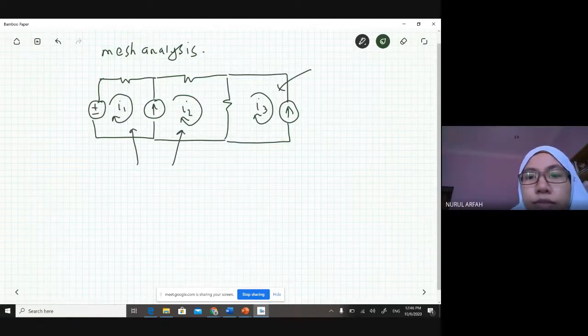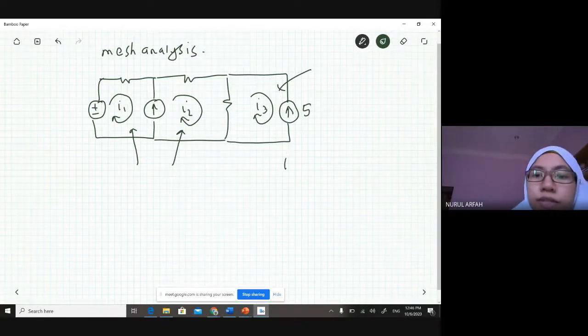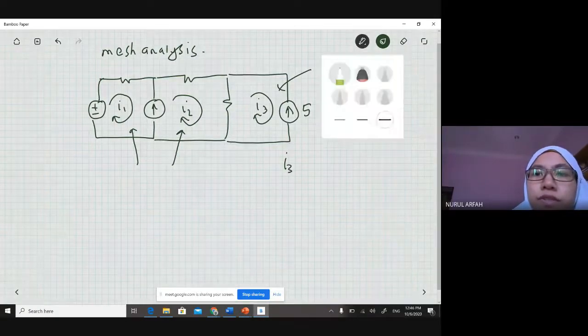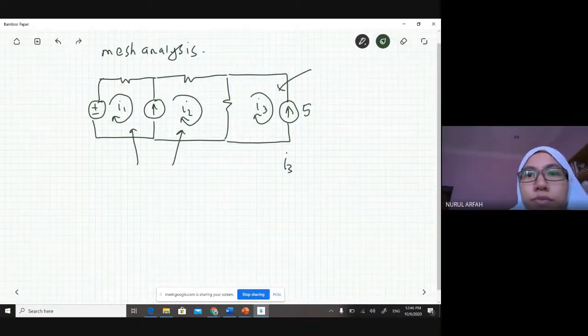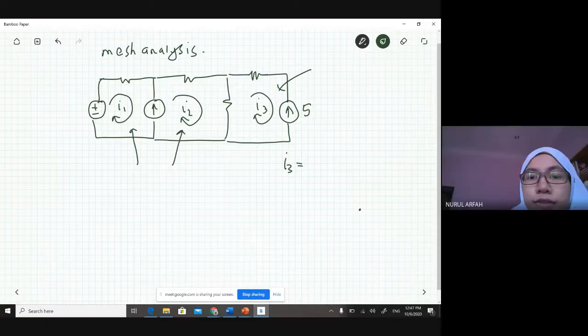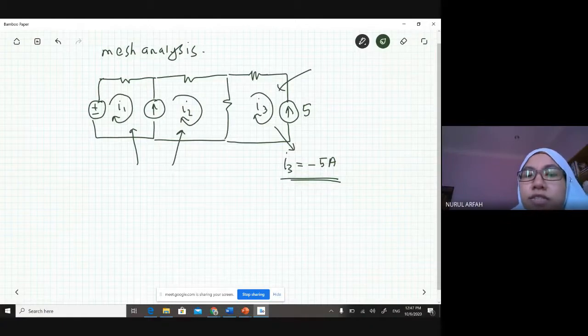Why not like this? What do you think I3 equal to? If I change this one, equal to negative or positive? Negative. Okay, negative 5m. Okay, so for this loop, this is the equation for your not equation. This is your answer for I3.